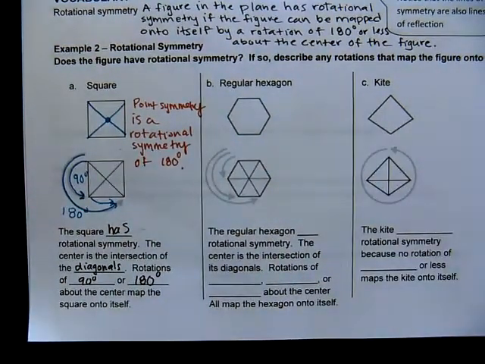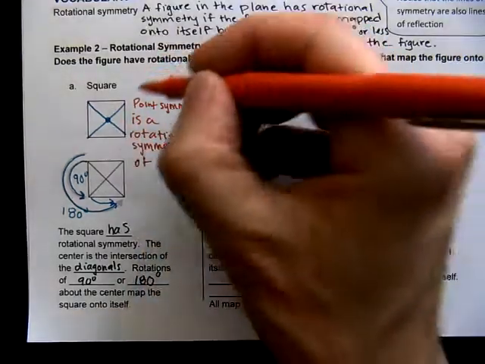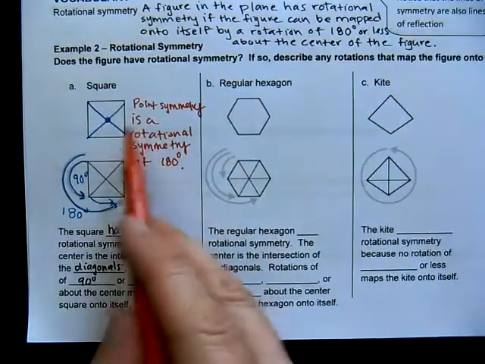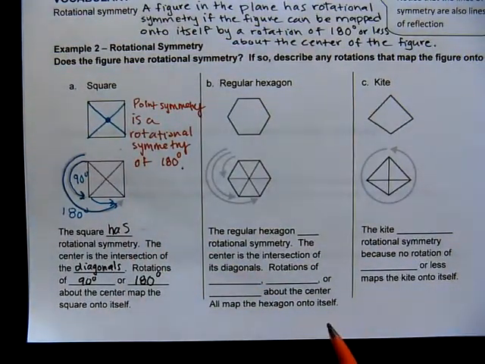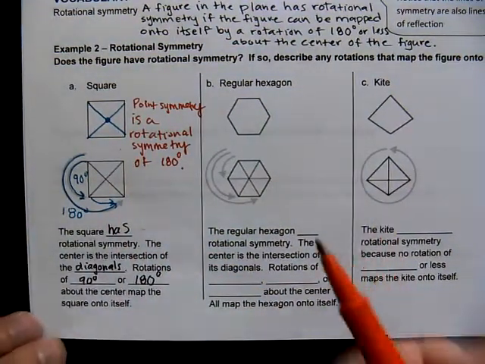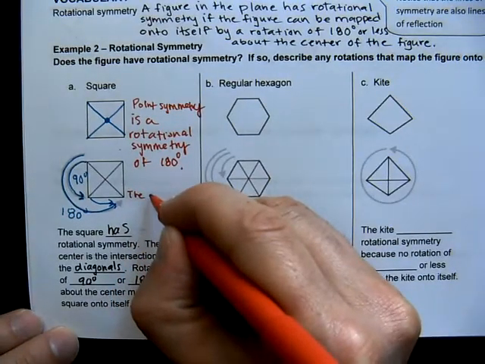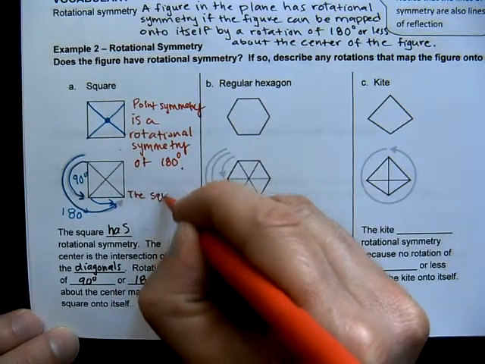So if we do have rotational symmetry and we find that it does have a rotation of 180 degrees, then yes, it has rotational symmetry, but we could also go a step farther and it has a special kind of rotation called a point symmetry. That's not too common, and like I said, you only encounter that in a couple of your book problems when they ask, does it have point symmetry? So we would say, yes, this square has point symmetry as well as rotational symmetry.